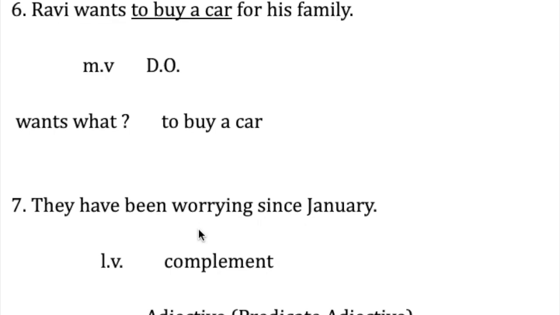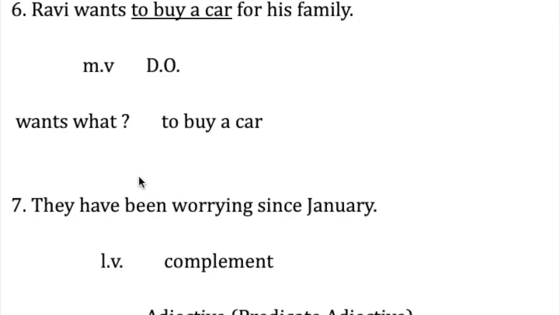Alright, one last example very quickly. They have been worrying since January. Since January, remove it, is a phrase, we will not consider it part of the complement. But they have been worrying: worrying is talking about a state, and have been is the verb. What kind of verb? Is it some kind of action?